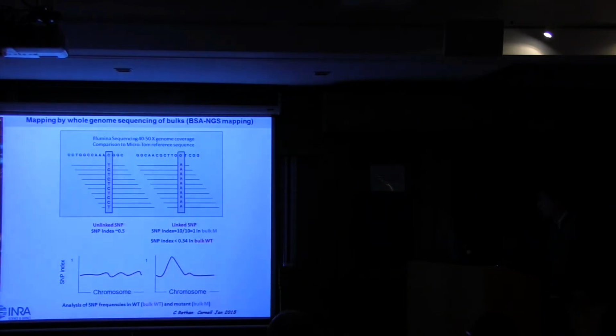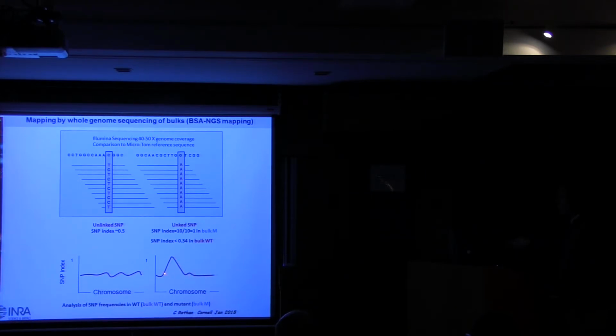So we did that, and this is what I explained before. For example, for an unlinked mutation, if you look at a chromosome that doesn't carry the mutation, you have a mean frequency around 0.5. If you look at a region in a chromosome that carries a mutation, but an unlinked region, it's the same frequency.